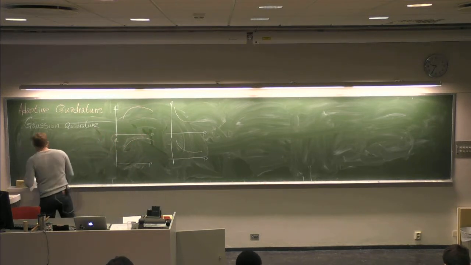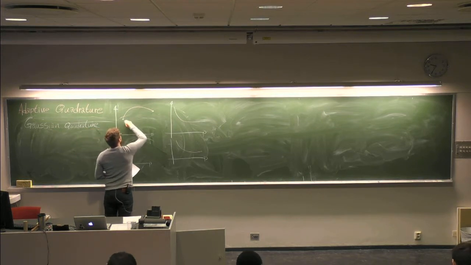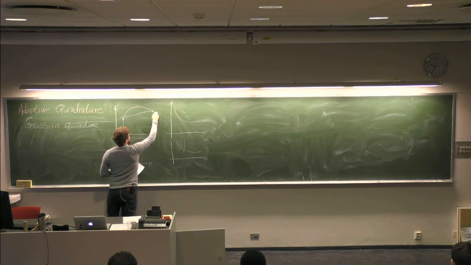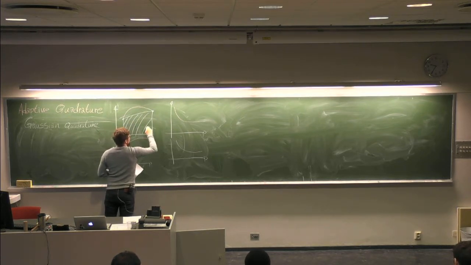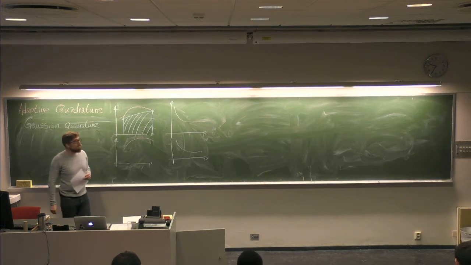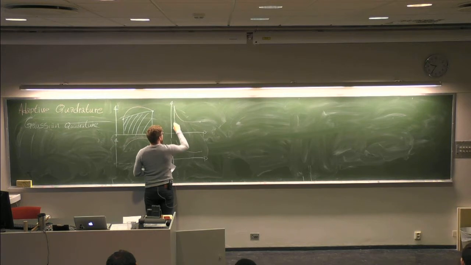So what we've done earlier is we've just picked the endpoints. We picked these 2 points. Like so. So then you see we get a gross underestimation of the integral here. And in this case, we get a gross overestimation.